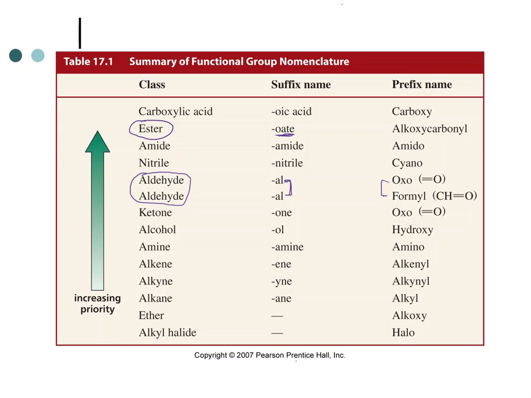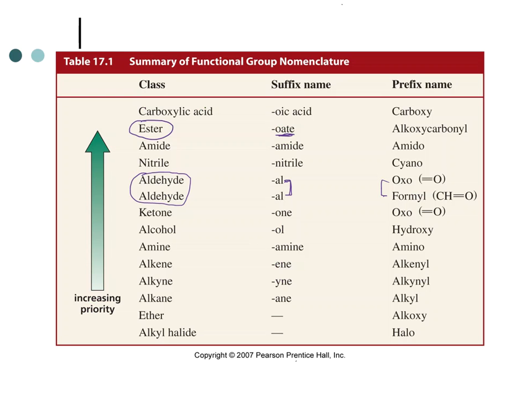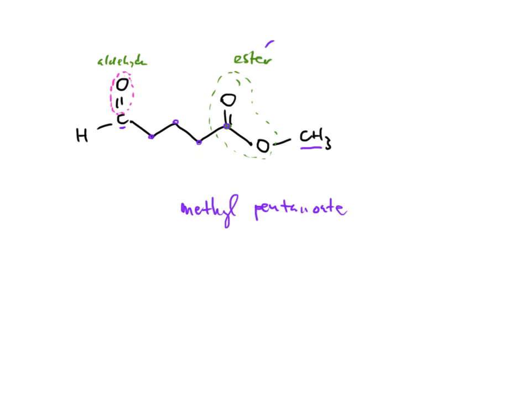This is really the confusing part to most people, because they're going to look at this structure and go, oh, C double bond OH, then this chart's going to tell me I need formyl. That's wrong. That's not correct. We have to use oxo here.